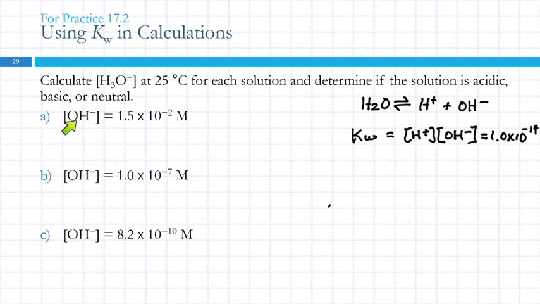So if we have a hydroxide ion concentration and we want the hydrogen ion concentration, we can rearrange this. We divide both sides by the hydroxide ion concentration. These cancel out.